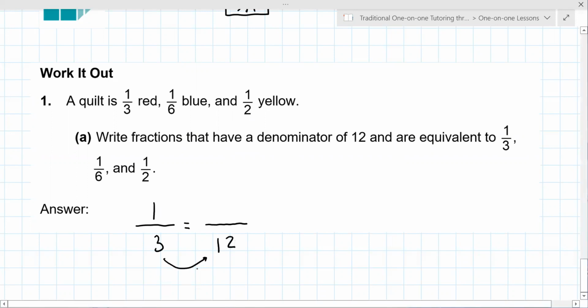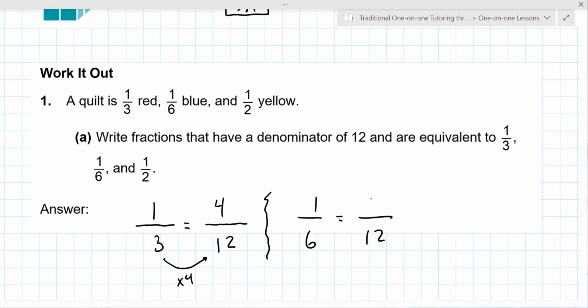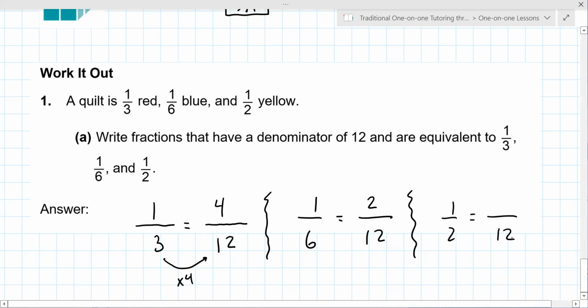So you're going to multiply that top number by 4. What does that become? 4. Good. Then we're going to do it for 1/6. So 1/6 equals something over 12. So 2. That's right. And then the last one is 1/2. What goes up top there? 12. Yes. No, I'm sorry. How do you go from 2 to 12? Oh, okay.